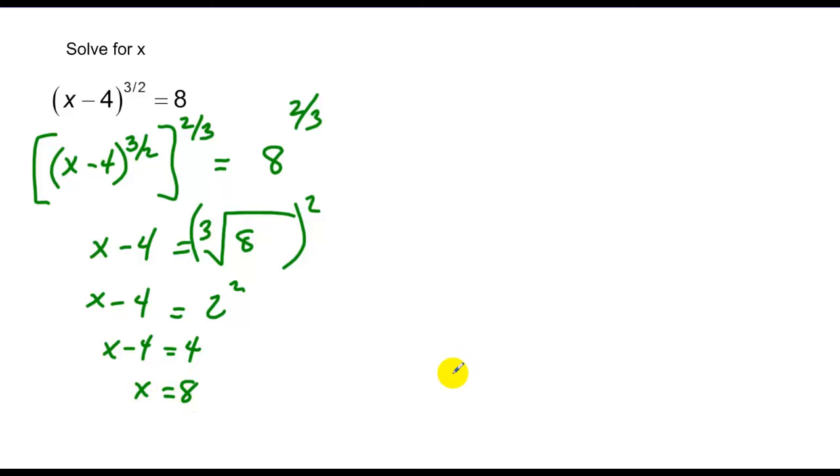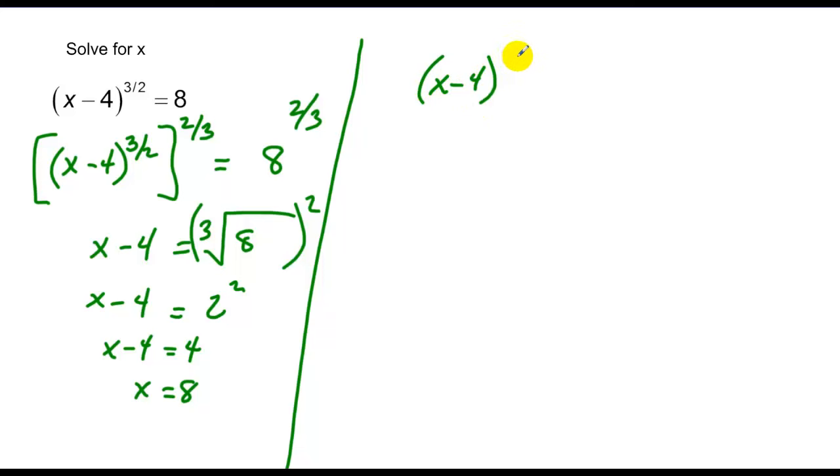Now there's another way to go about doing this, and that would be to take and convert my rational exponent to radicals. Something like this. Now, if I want to undo a cubed, I'd have to take the cube root to undo that.